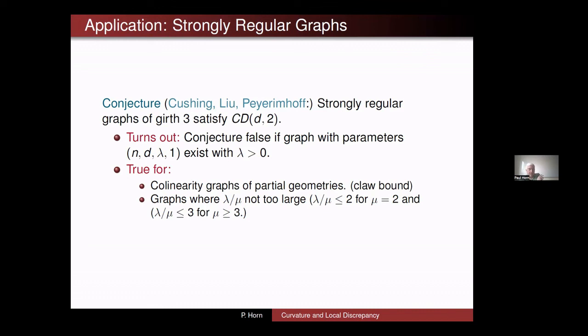Now, it turns out that one can show that this conjecture is false if you have one of these strongly regular graphs with parameters n, d, lambda, 1 that exist for some lambda positive.